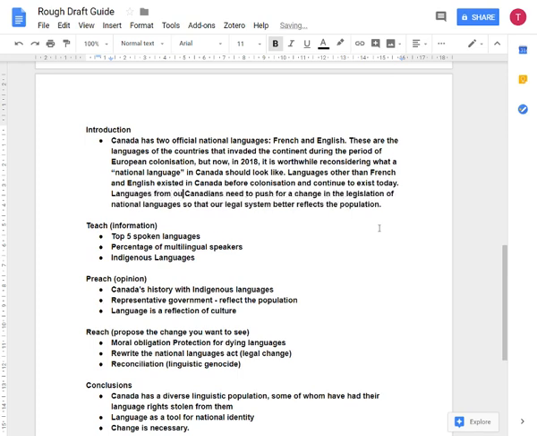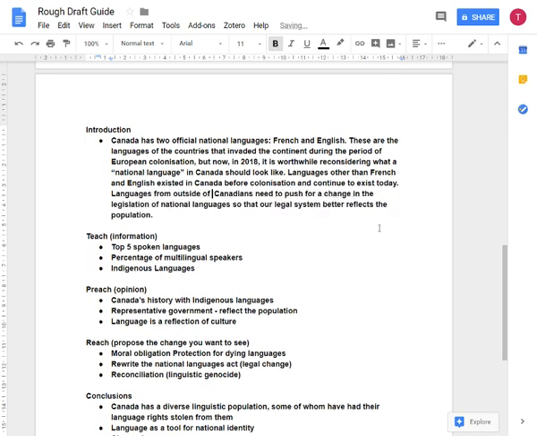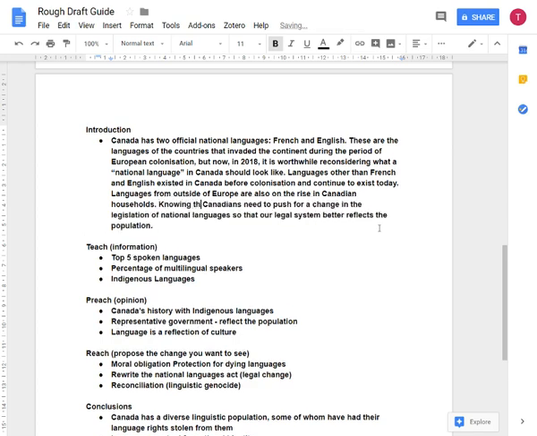Languages from outside of Europe are also on the rise in Canadian households. Knowing this, Canadians need to push for a change.